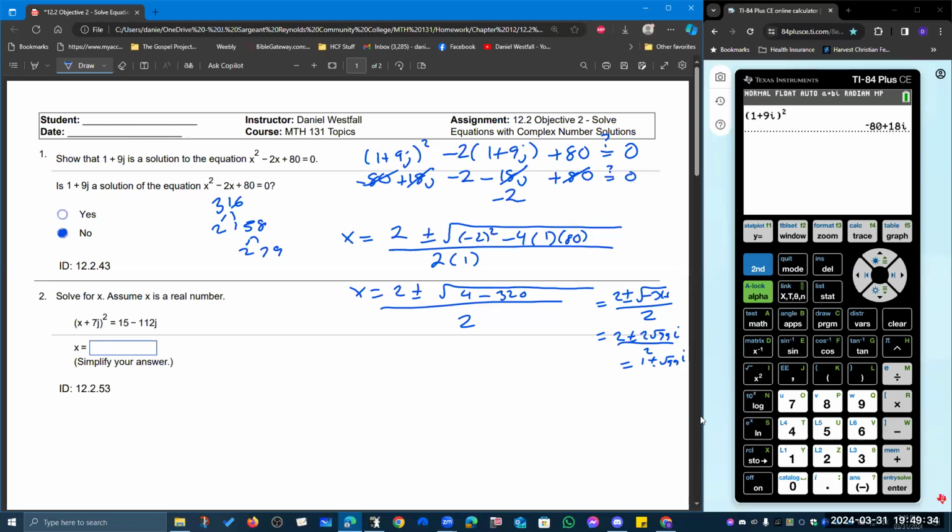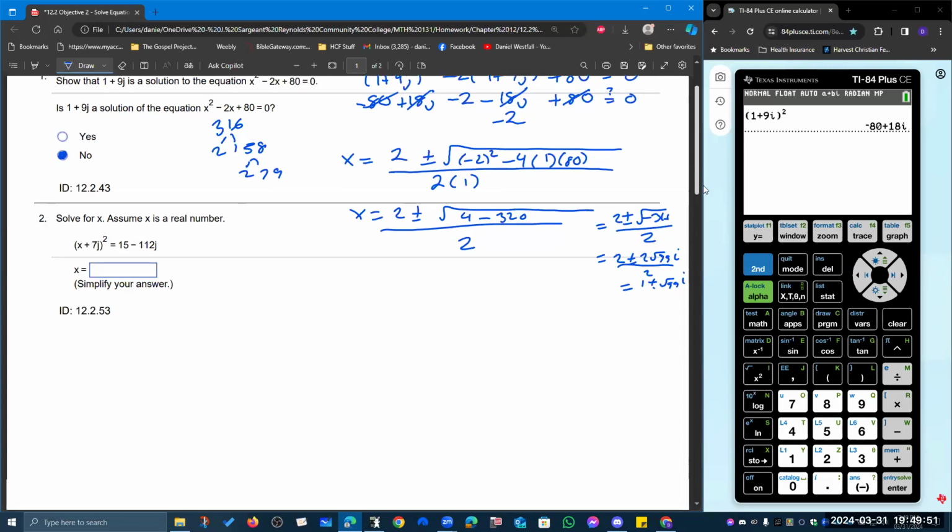Because there was a negative on the inside here, and that's not what we had there. So let's go ahead now and look at problem number 2. We found out 2 ways though with number 1 to say that the answer was no.